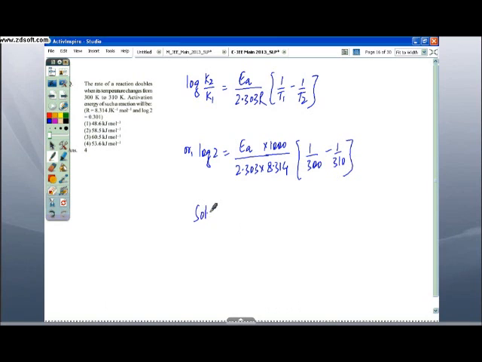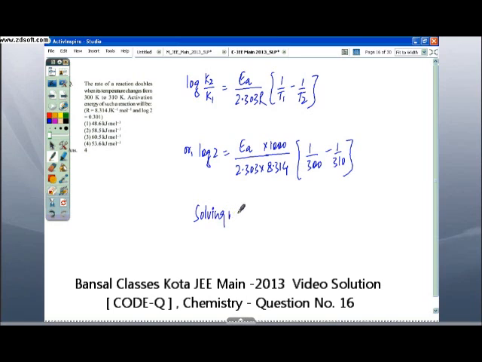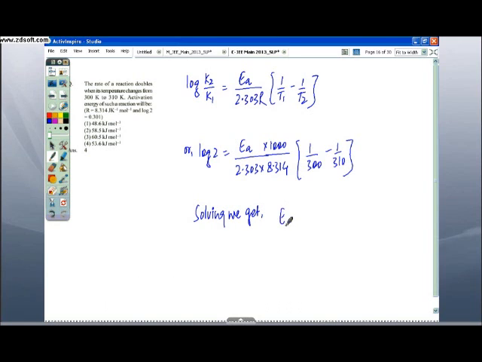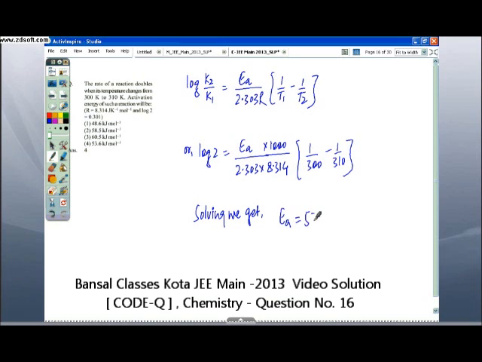Solving, we get EA is equal to 53.6 kilojoule per mole. So fourth is the right answer.